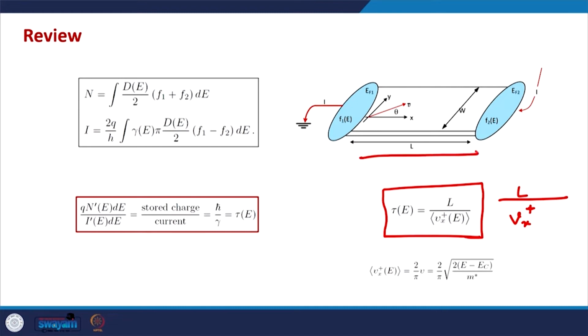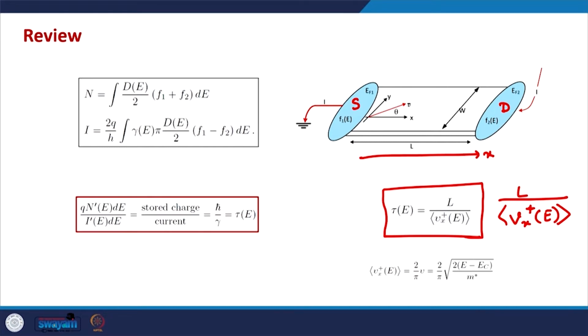Positive x direction is the direction from the source to the drain. It is the average velocity of electrons in the positive x direction in the device.